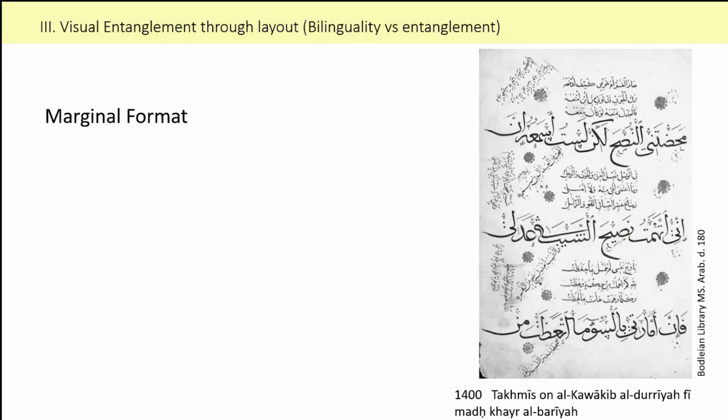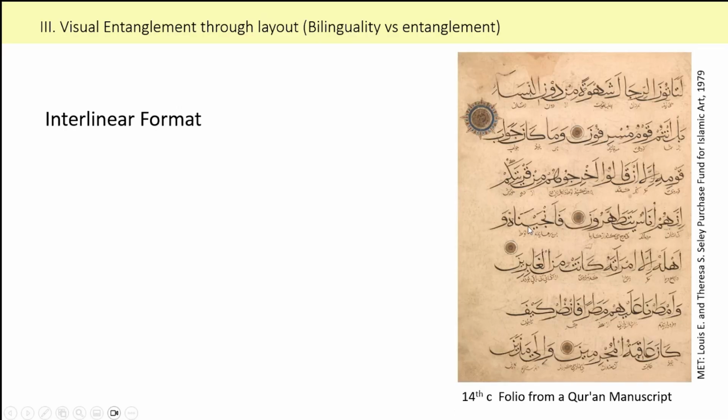And this is a marginal system, where you write everything in Arabic, and then in the margin there is the explanation of the verses. And this is an interlinear format, where we see the Arabic, and then the English and the Persian explanation. In this, you can see the power play: the Quran is bigger and the other language is smaller.